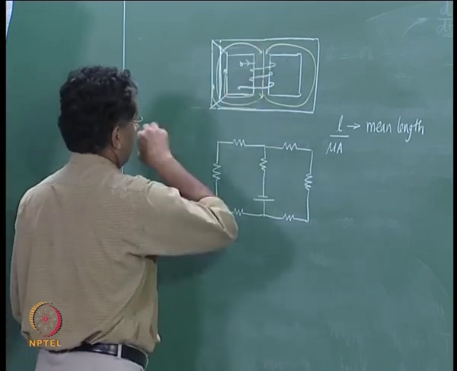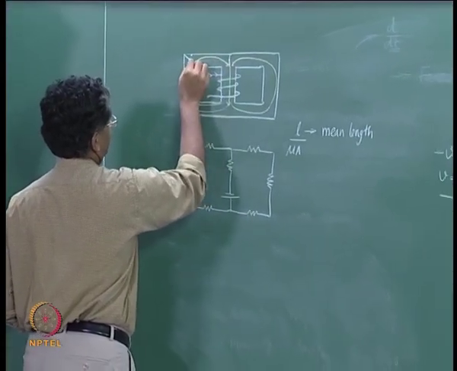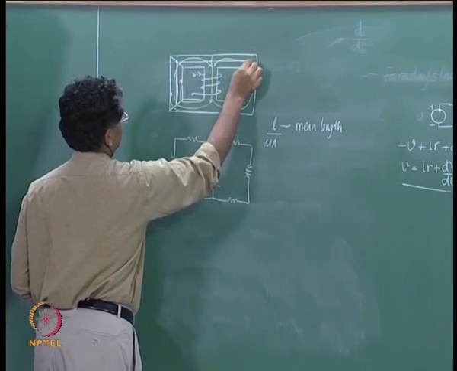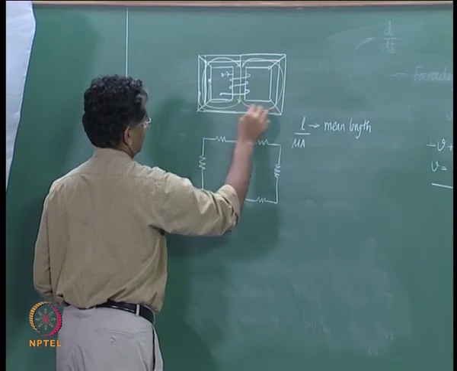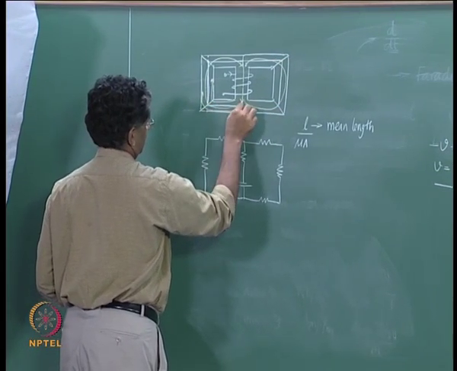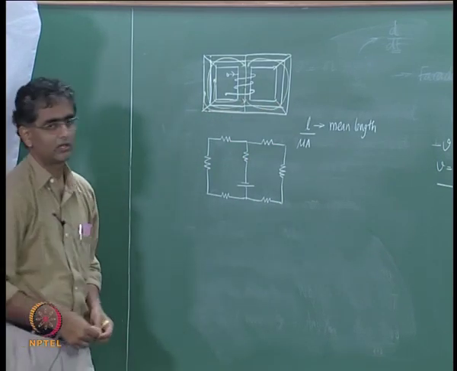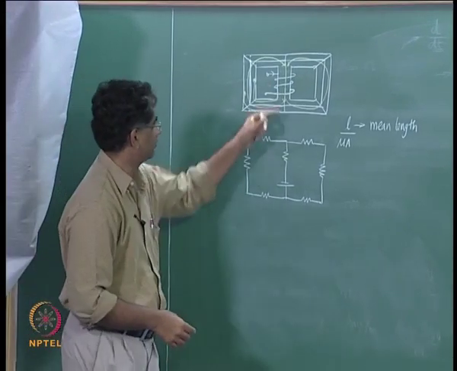Similarly here, take this midpoint, this will then be the mean length, and here that would be the mean length, right. One can look at that as the mean length of the way through which flux goes.